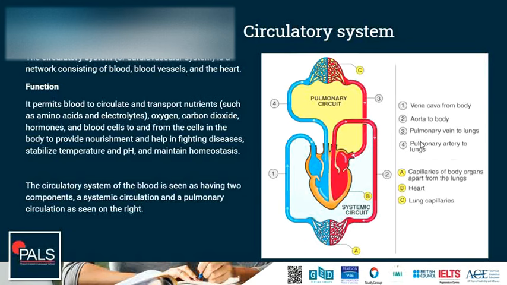After going to the lungs, the blood returns to the heart, and then it is pumped to the rest of the body, where the oxygen is delivered to all the cells, and the deoxygenated blood returns through the vena cava to the right side of the heart, where the blood is again pumped to the lungs.